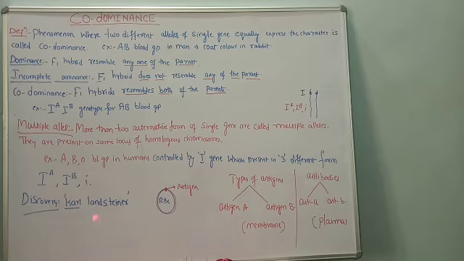This concept of codominance was first discovered by a scientist named Karl Landsteiner. Karl Landsteiner was the person who discovered this phenomenon called codominance in detail. Okay, on what basis did he discover it?